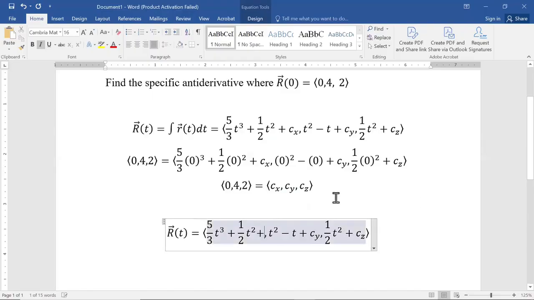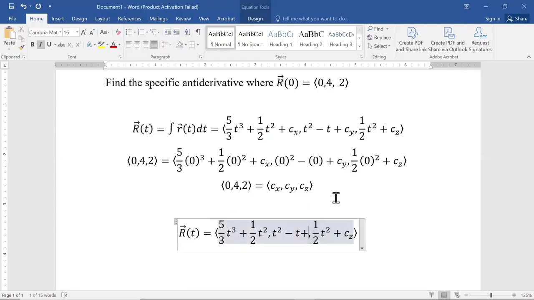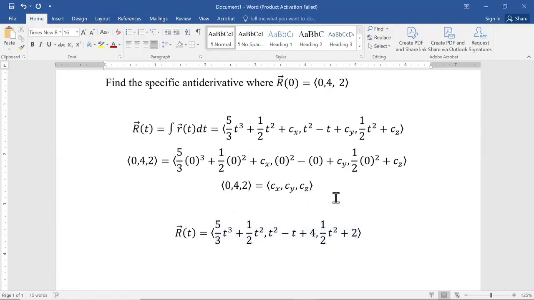That's my constant in the x part, comma, t squared minus t plus 4, comma, 1/2 t squared plus 2. So that's the specific antiderivative that I wanted.